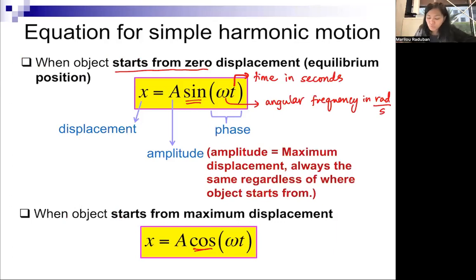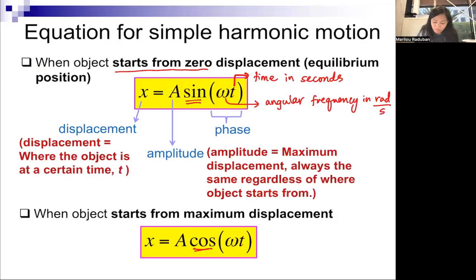That's the amplitude. The displacement, on the other hand, changes because it's where the object is located at a certain time t. Okay. So this equation gives you a way of finding where the object is located at a particular time t. Okay.